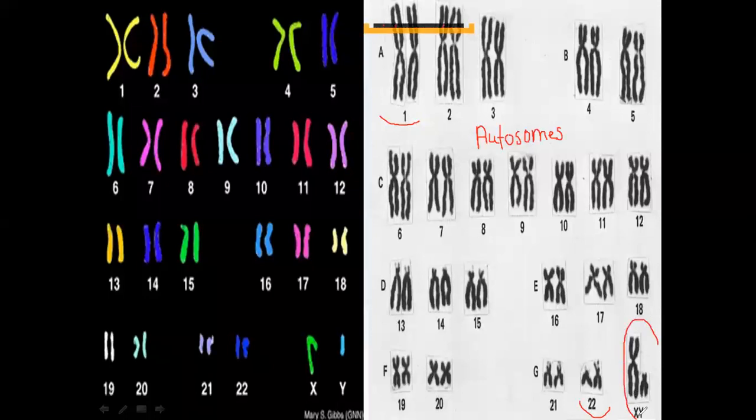However, the last pair is called the gonosome, or we can call it the sex chromosome. Why do we call it the sex chromosome? Because it determines the sex of the individual. The sex means whether it's a male or a female. How can we determine this?